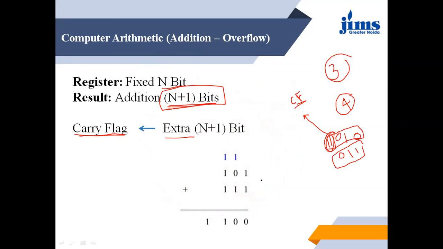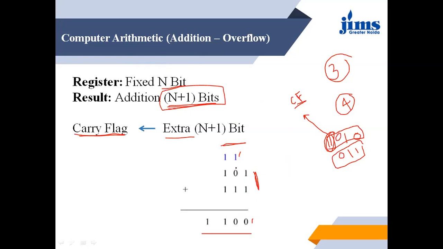For an example, from here you can see that we have a 3 bit number, and after adding these two numbers we are getting 1 and 1 is 0, a carry over here.